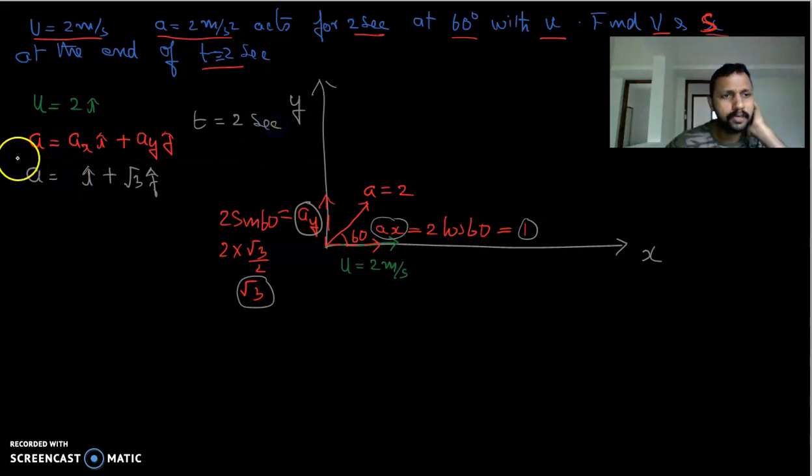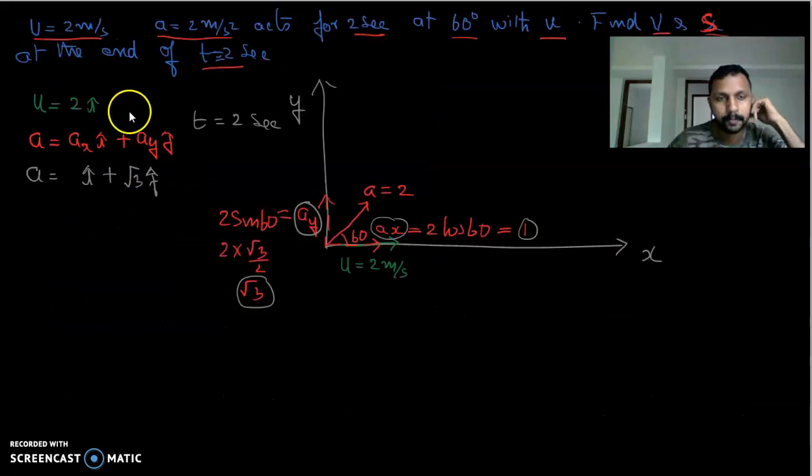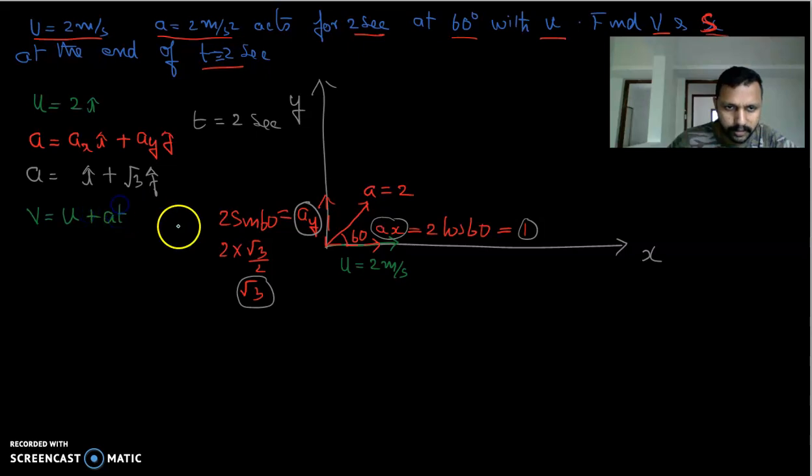Then we'll use the same concept that we used in our previous derivation. In this case, we found v is equal to u plus at. In this case also, we are going to find v, and it is determined as v is equal to u plus at. Then v is equal to, what's u? u is 2i cap plus a, which is i cap plus root 3 j cap, into t, which is 2.